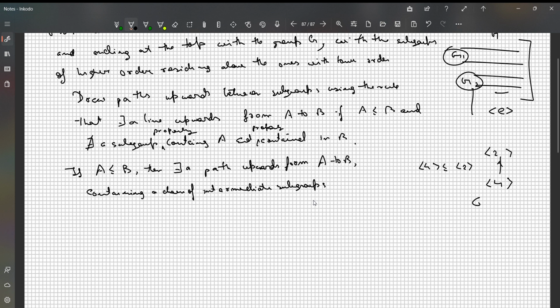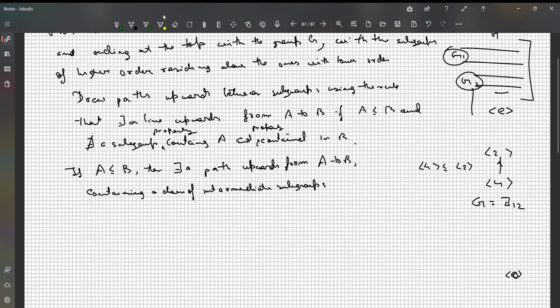So for an example, you had G equals to say Z12. Then you had, so let me just write it here like this. So you had E here, that is 0, right? Then you had 2 and 3, right? Now obviously notice that what is the order of 2? So order of 2 is basically 6 and the order of 3 is 4.